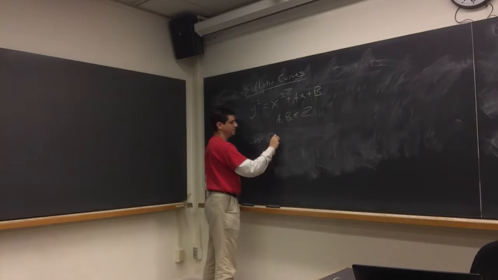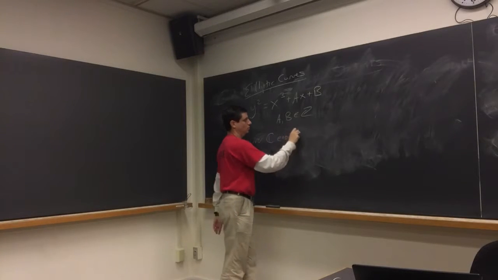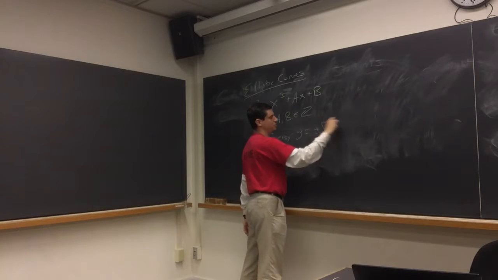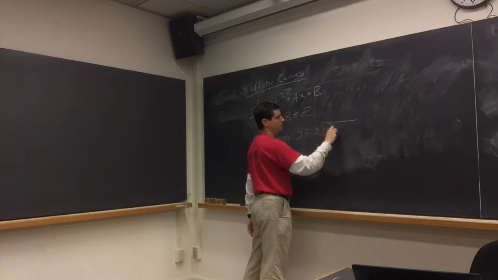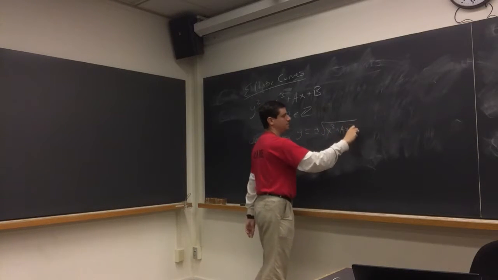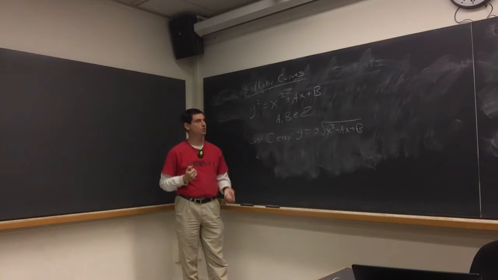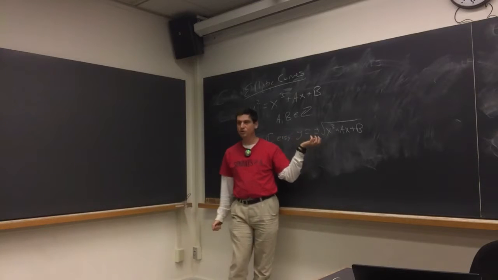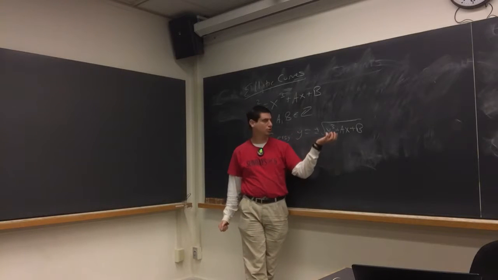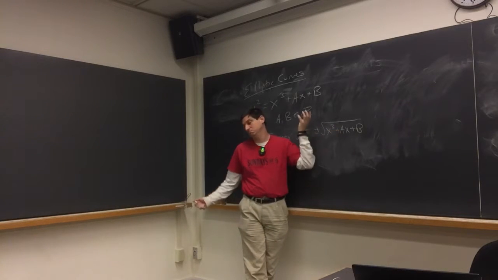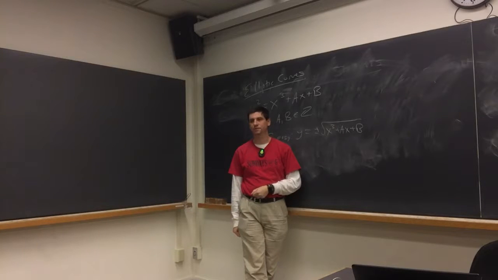Over C, it's easy. y is just plus or minus the square root of x cubed plus ax plus b. Very simple to solve over the complex. You give me an x, and there will be two different y's that work as long as this is not 0. All right. Not a big deal.